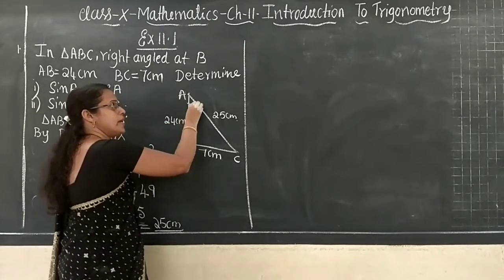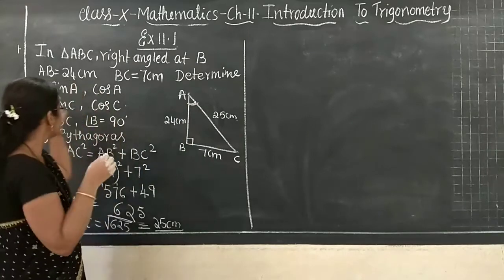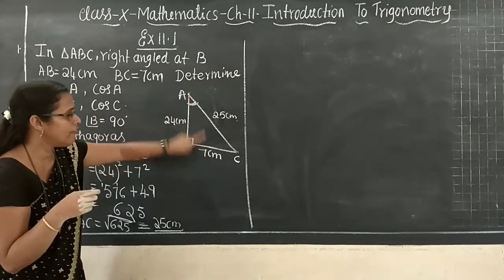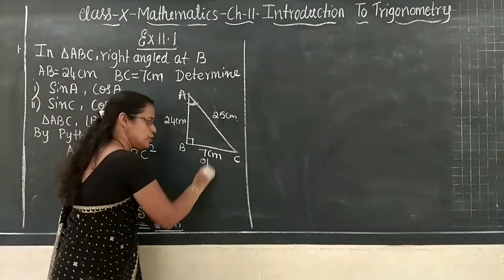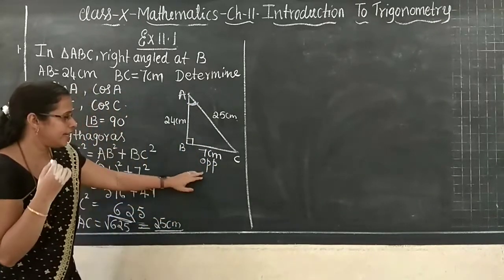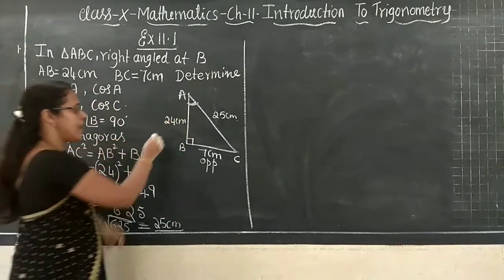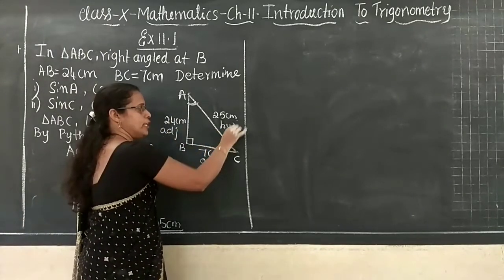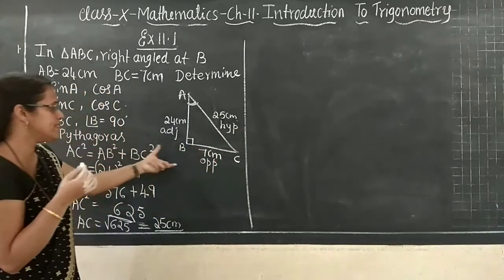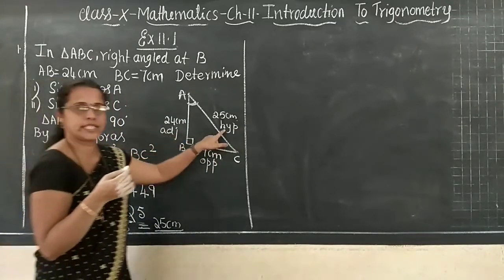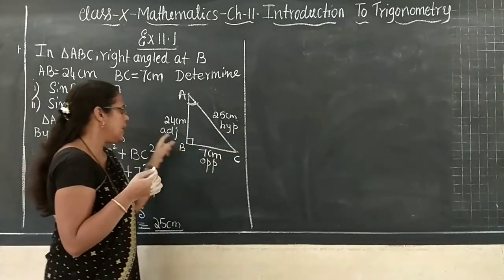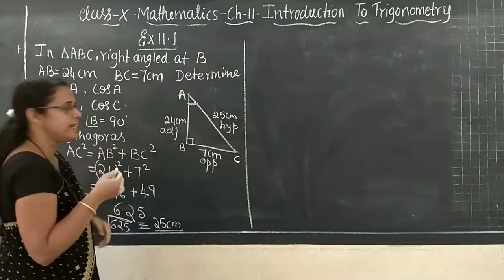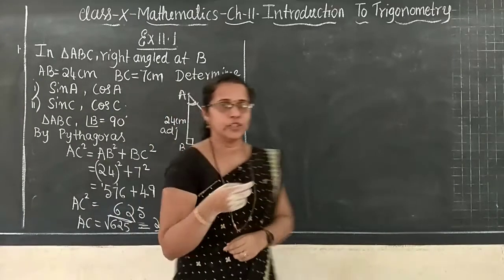A. With respect to A, to find sine A, mark A. The side in front of A is called opposite. This is called adjacent. This is called hypotenuse. Judgment will be very easy if I write all the three sides. Opposite, adjacent, hypotenuse. First understand this, children, then write the ratio.